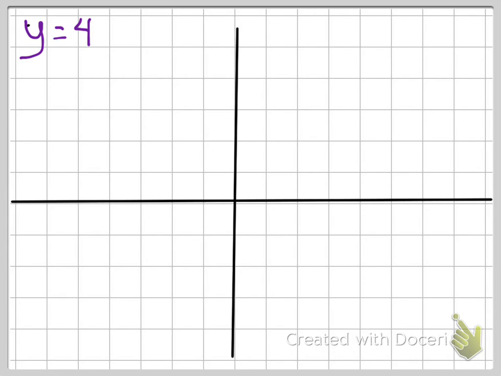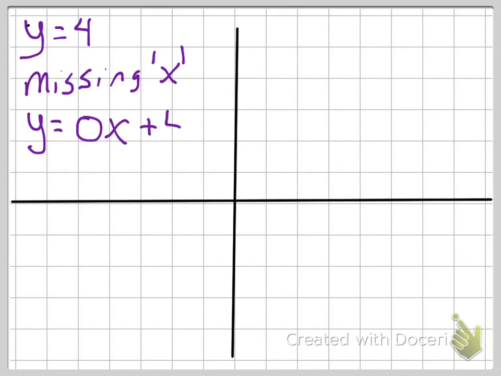The only thing is, we're missing the x variable. So I don't have a slope. I do have a y-intercept though. If you wanted to rewrite this equation, you could write y equals 0x plus 4.